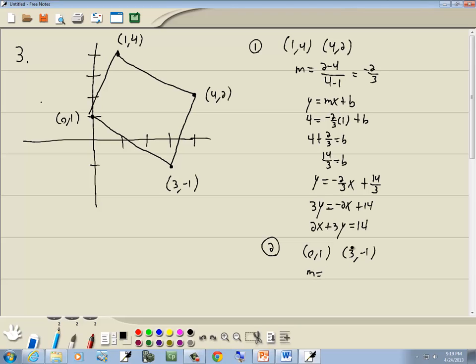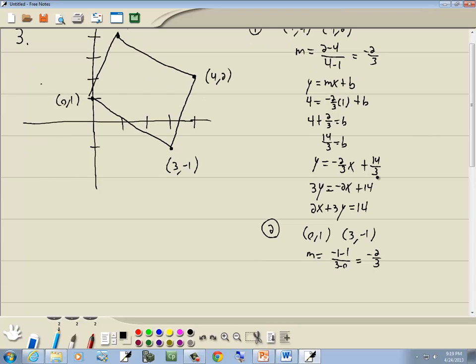Now you're going to find something here. Subtract the y parts, negative 1 minus 1 and 3 minus 0, and we get negative 2/3. Now actually, it really doesn't matter what the b is on this. So if I were to set this up, y equals mx plus b, so we've got y equals negative 2/3 x plus b.